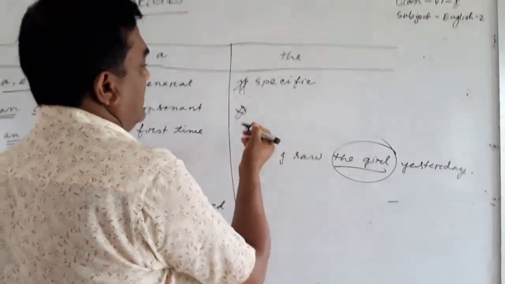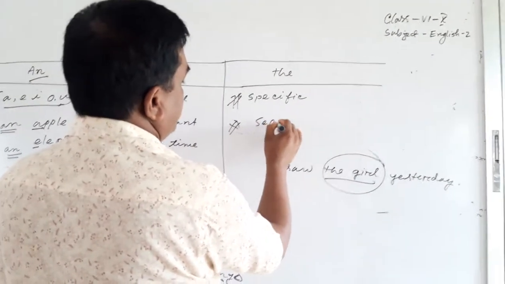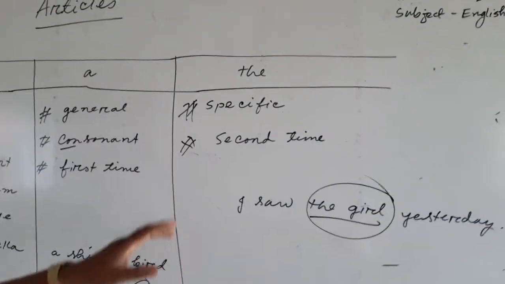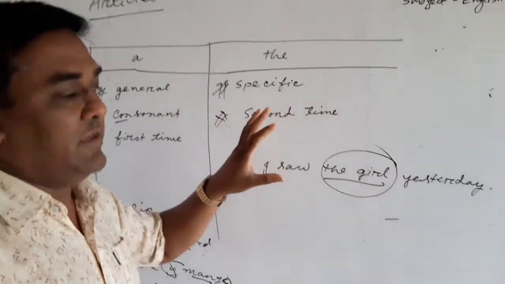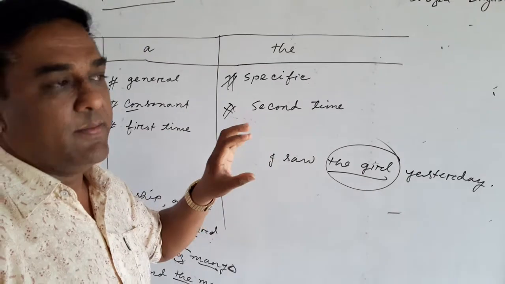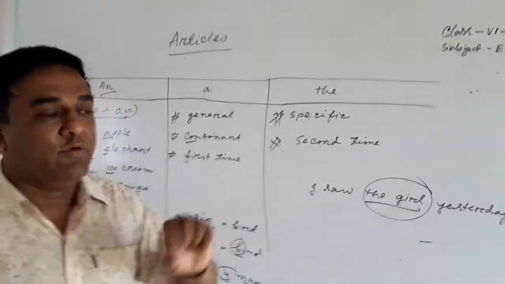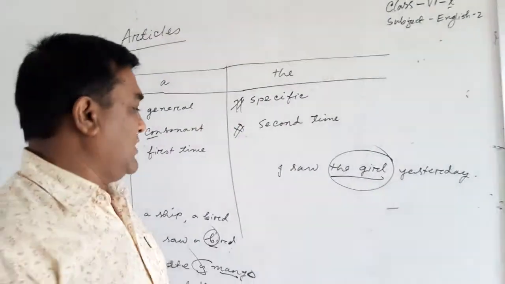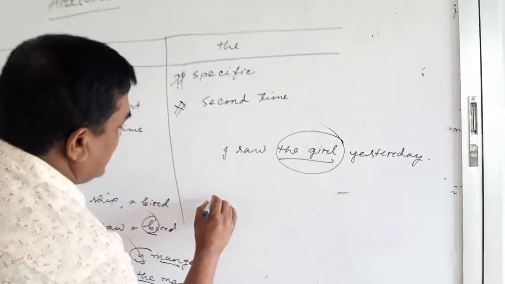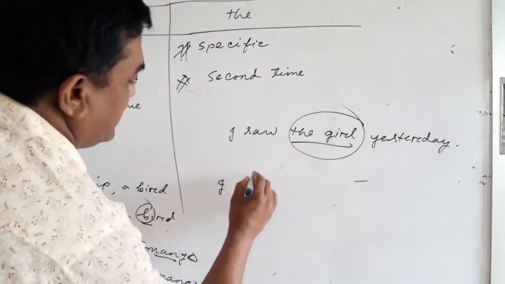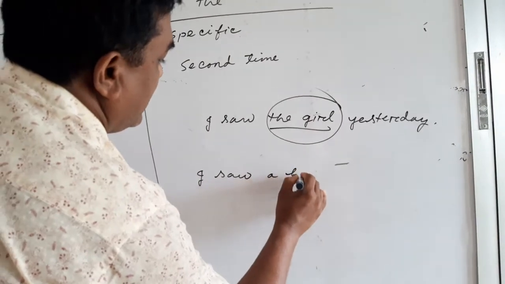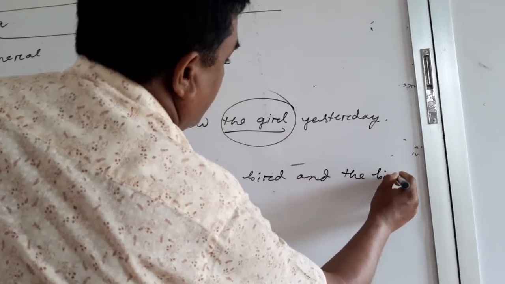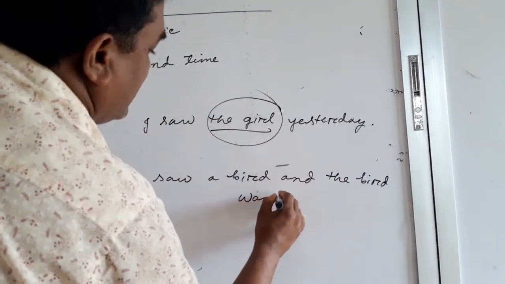Then second time. This is very important. When we use something for the first time, it takes the article A, but when we mention something for the second time, it takes the article the. Suppose I saw a bird and the bird was black.